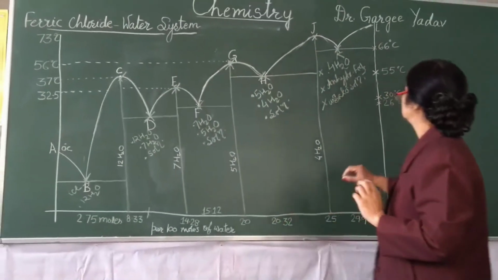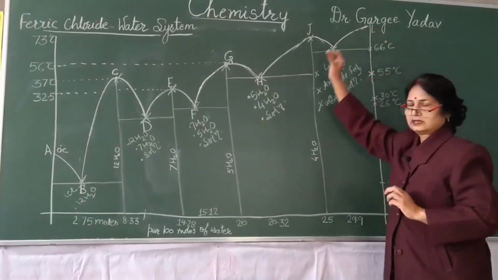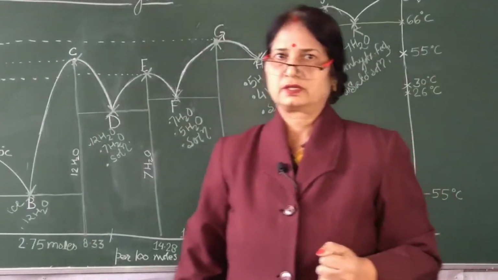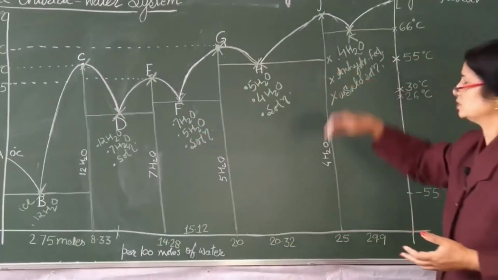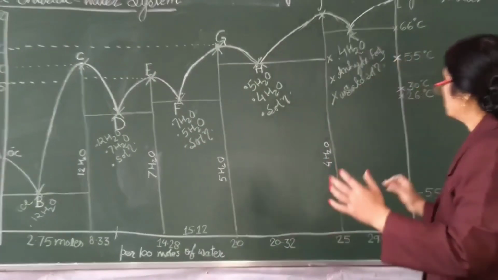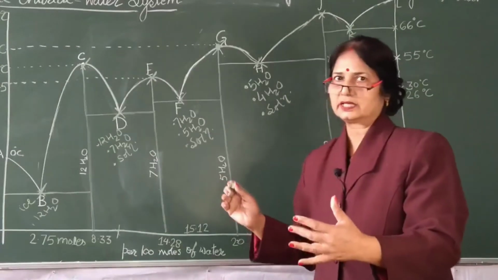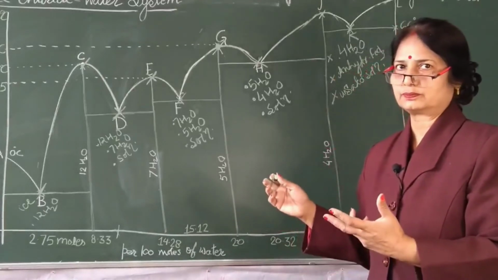Now we are left with one more curve, LK. This represents the solubility of anhydrous ferric chloride. So this was all about the ferric chloride water system. I think it was quite understandable and very interesting also.